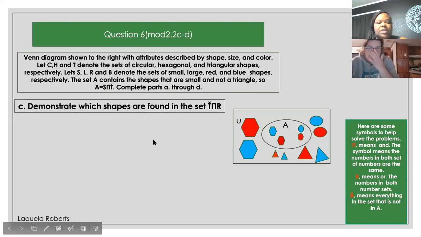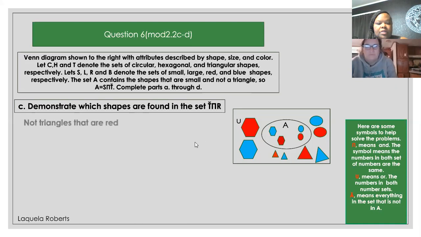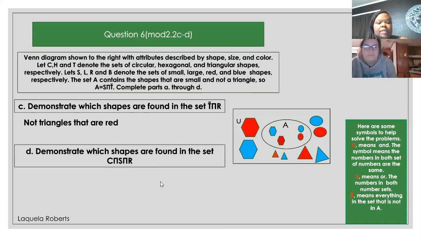We're going to demonstrate which shapes are found in the set T and R, all right? So that means not triangles that are red. And then our next one, we're going to demonstrate which shapes are found in the set C and S and R. And we're going to get circular or small and red.